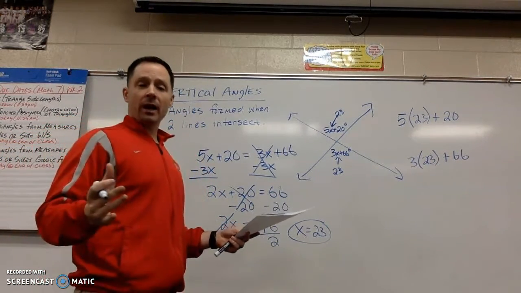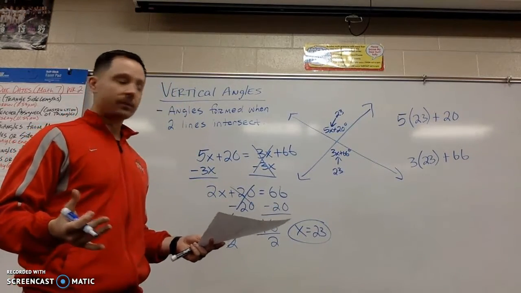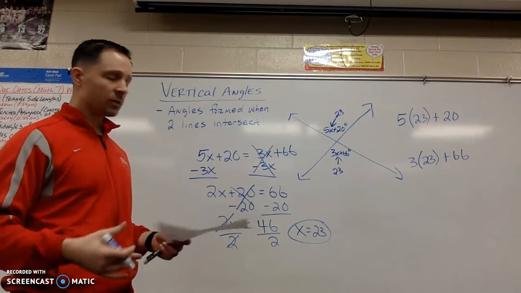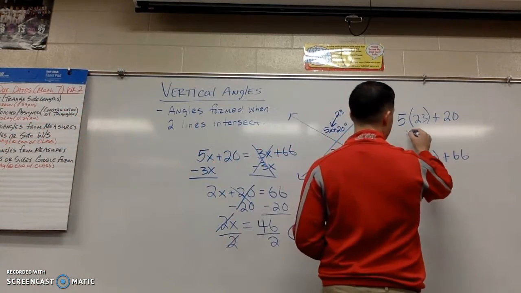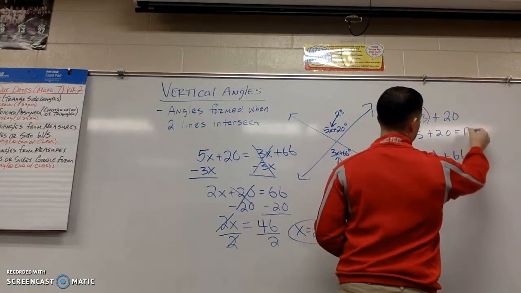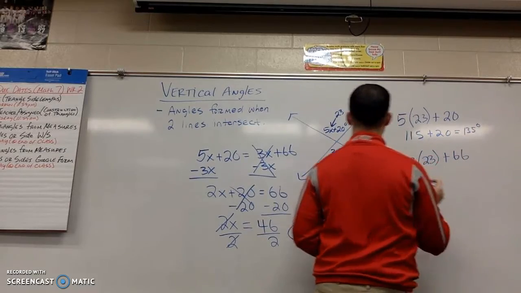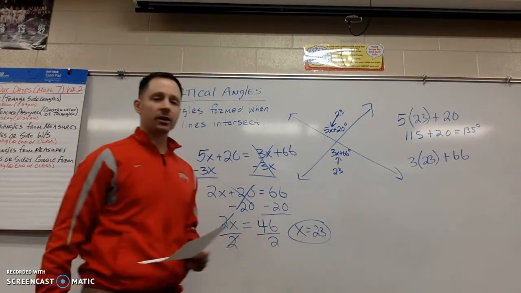So 5 times 23, which is 115, plus 20. So 115 plus 20 tells me that this is 135 degrees. So the top angle is 135 degrees.